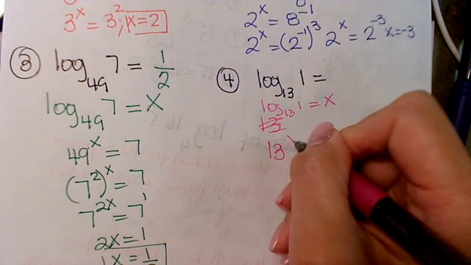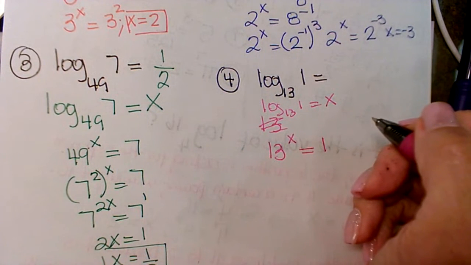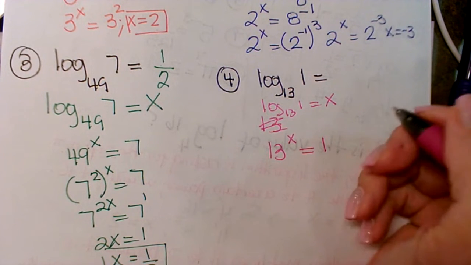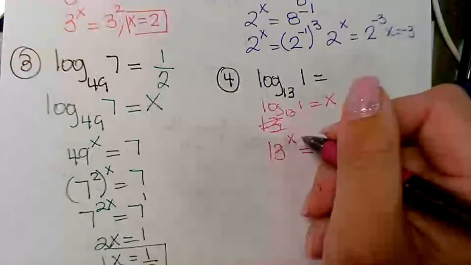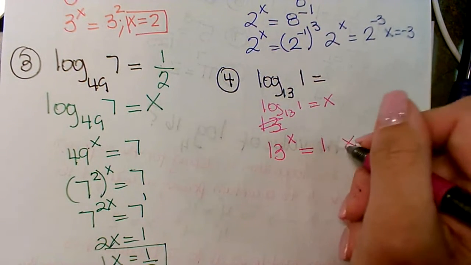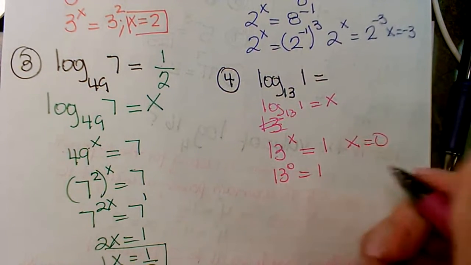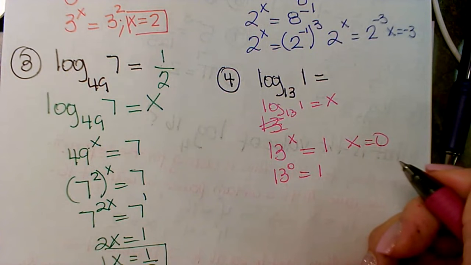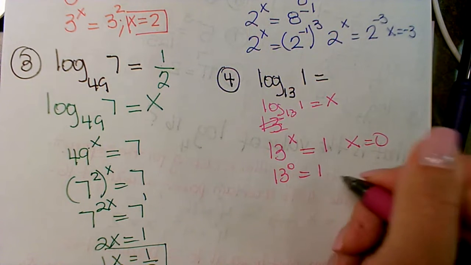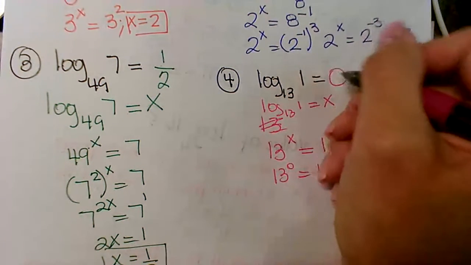So 3 to the x power is equal to 1. What is going to be x? If x is equal to 0, it's the only way that that's going to be equal to 1. Any number to the exponent of 0 is 1. Okay, so this is 0 here.